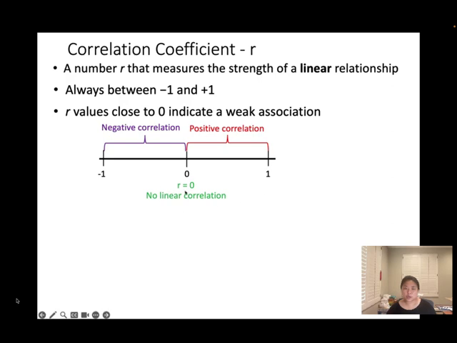So when you find R equals 0, you can only say there is no linear correlation. Sometimes when R equals 0, there is no linear correlation, but the variables may still have some kind of pattern. They do have some kind of correlation, it's just not a linear one.